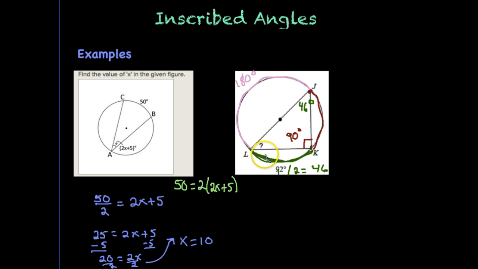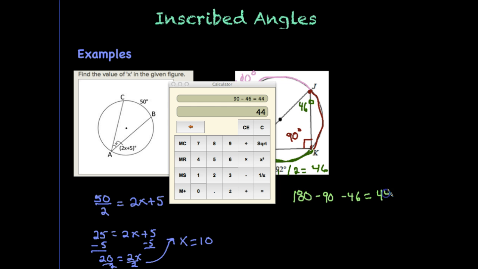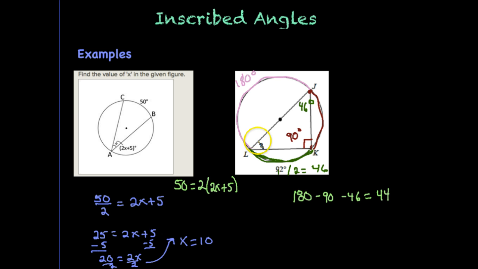Now we have 2 out of 3 angles in a triangle. There are 180 degrees in an entire triangle. So if we subtract the 2 angles that we know, we can find our third angle. And it looks like we get 44 degrees. So this angle here is 44 degrees. And we've solved this problem.